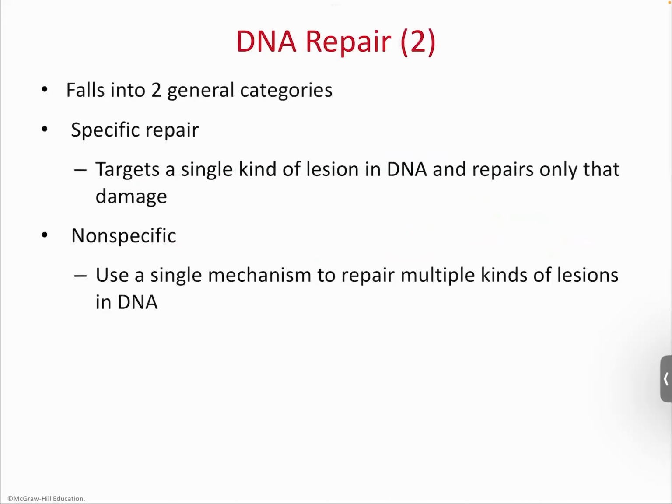So there's a couple of different versions of this. It usually can be broken down into two major categories. The first one is specific, and the second one is non-specific. So specific repairs are targeting a specific kind of DNA damage. So you recognize a particular type of damage.